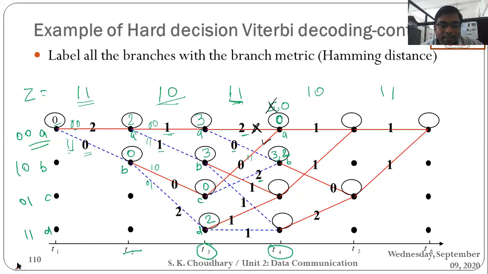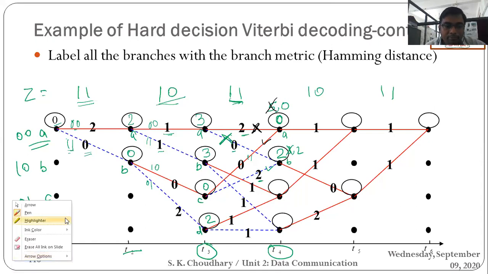So again in this particular case, the first input that you are receiving is 3 and the second is 2. Which is the lowest metric? 2 is the lowest metric. 3 would be discarded, so here 2 remains. And 2 is coming from this path. So this is correct. And 3 is coming from this particular path, so we discard this path.